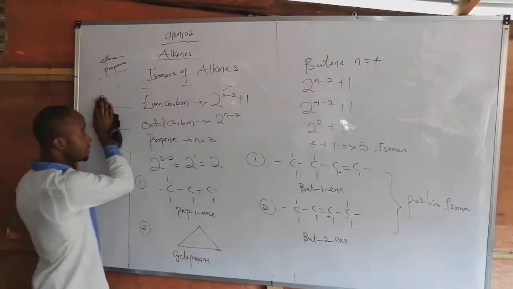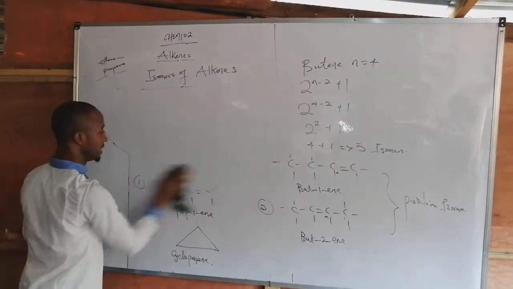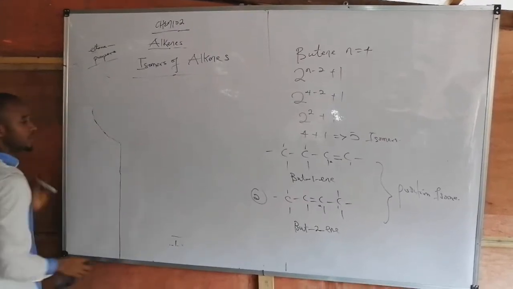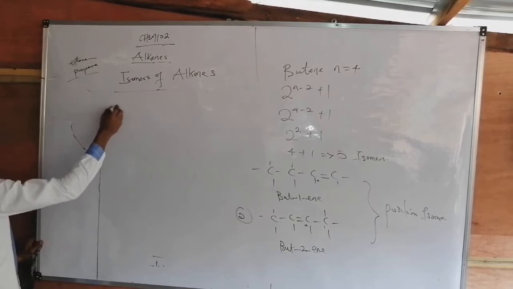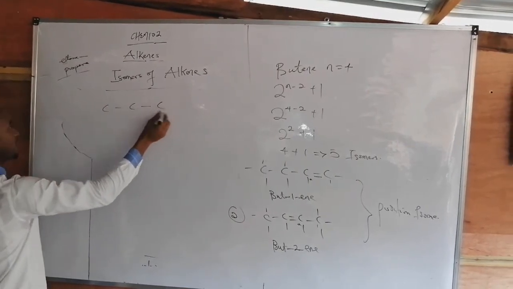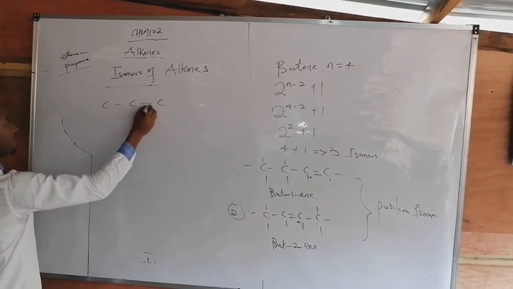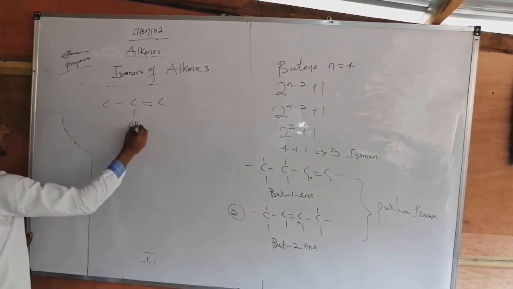Now for the third isomer of butene, that should be 2-methylpropene. Let's see how it will be. We have our double bond, and we have our CH3 group.